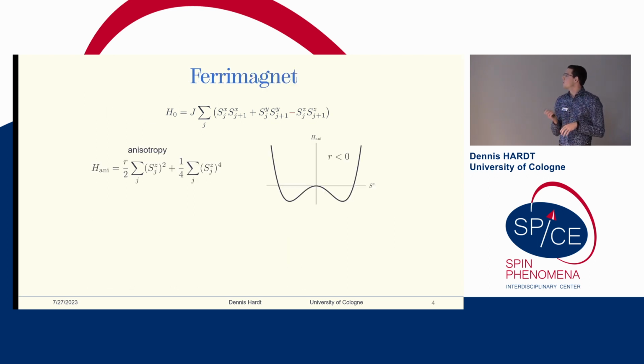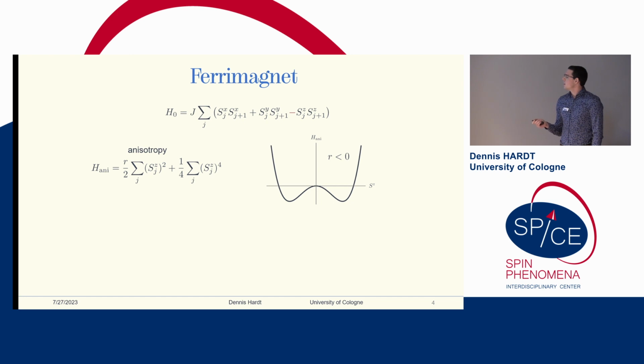So we want to go to an additional step, which means that we additionally introduce a ferromagnetic coupling to this antiferromagnetic XY chain. And on top of this, we put this anisotropy. I think this was already mentioned in the first talk of today.